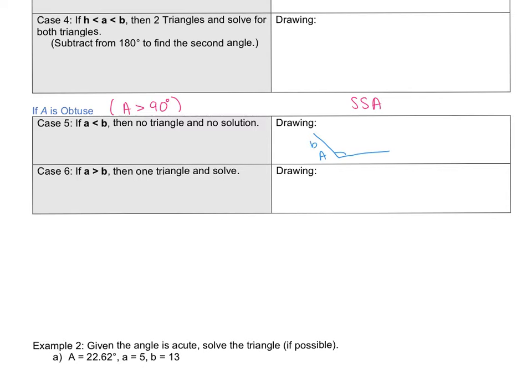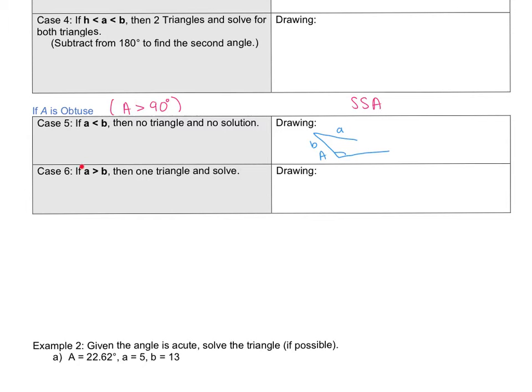This side is B, and the side opposite the A angle is little a. This says A is smaller than B, but that wouldn't make sense, because the obtuse angle should always produce the biggest side length. If this is too short, it's not going to touch the other point to complete the triangle. So that's why this can't happen, and there would not be a triangle.